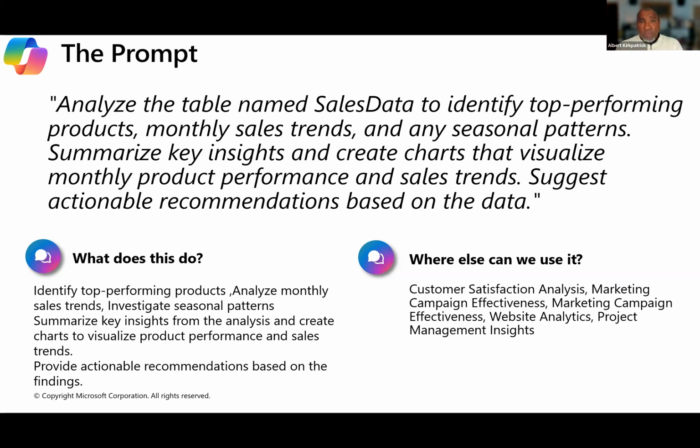I didn't have to define for it what monthly was. It knows what months are. I didn't have to define for it what sales figures are. If there's a column called sales, it can infer that. That's the real strength of using something like Copilot: it has an artificial intelligence. It has an understanding of the things that we want to do and ways for us to accomplish that.